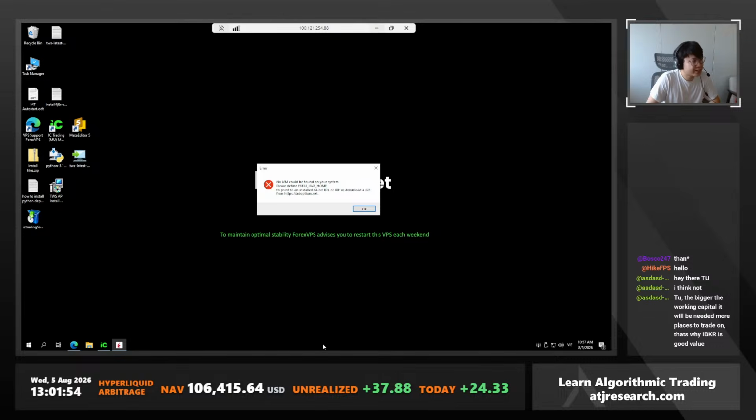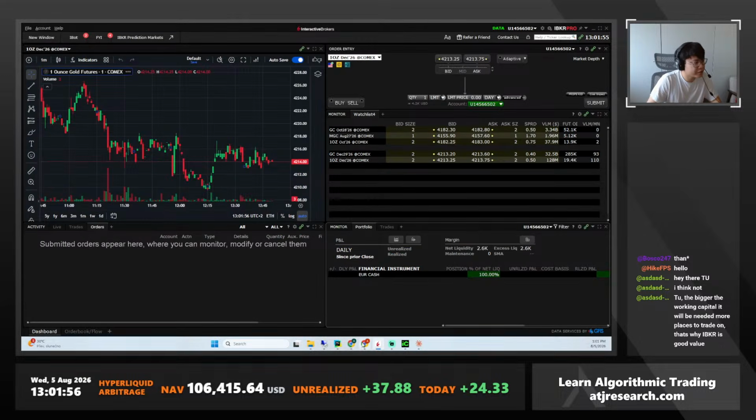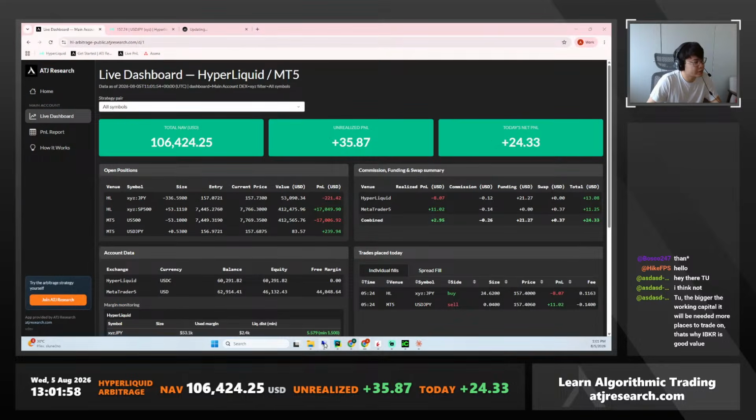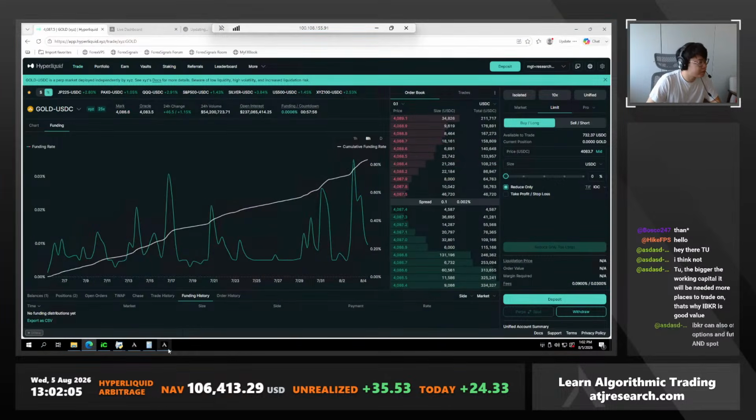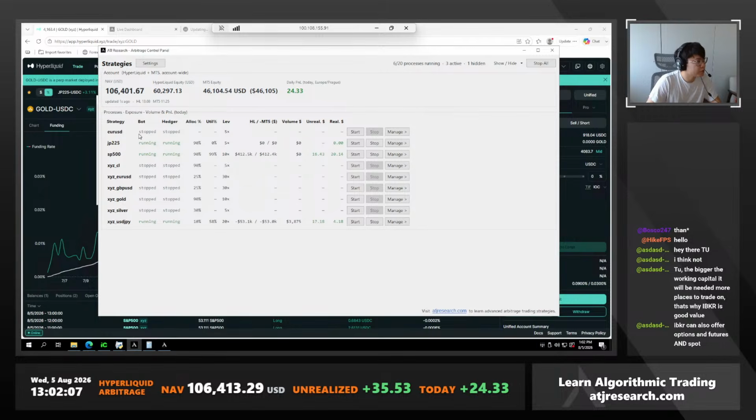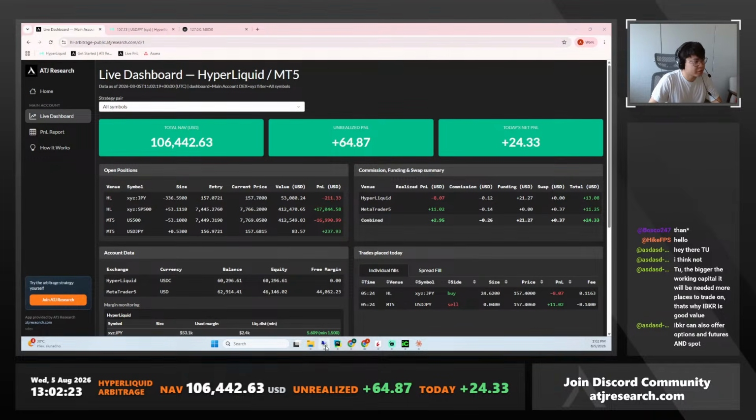Because you could say, okay, our JP225 or SP500 strategy, but let me show you on the server. If we go to our main server right now, I still have 3 strategies running, right? 1, 2, 3, but they're still all on Hyperliquid. And basically, I would like to also allocate some of my strategies in the Interactive Brokers space. So that's my current objective.